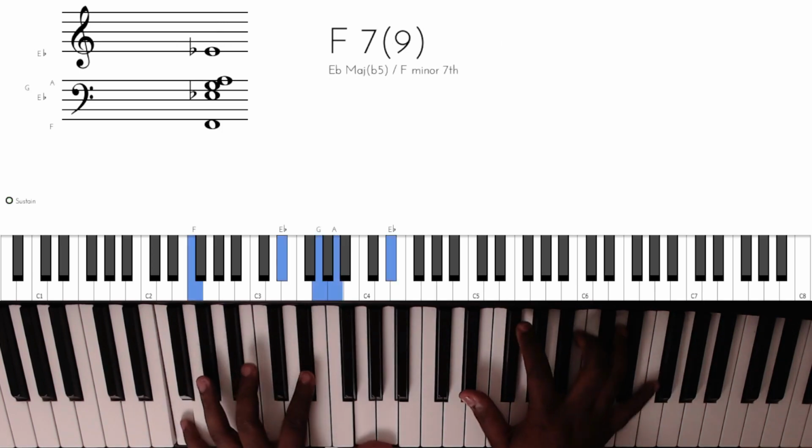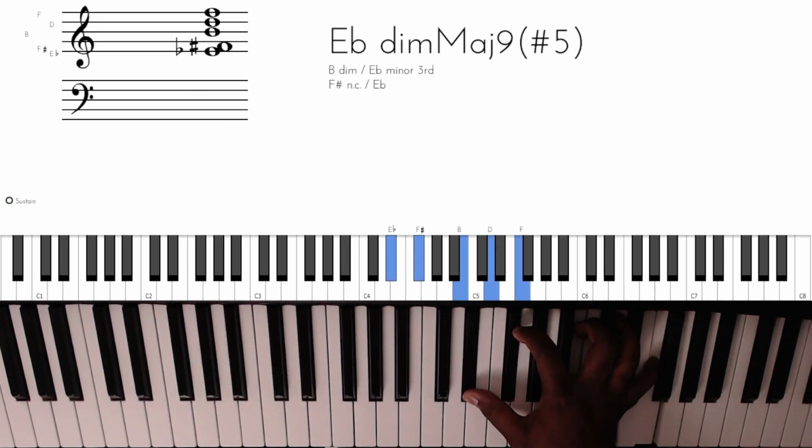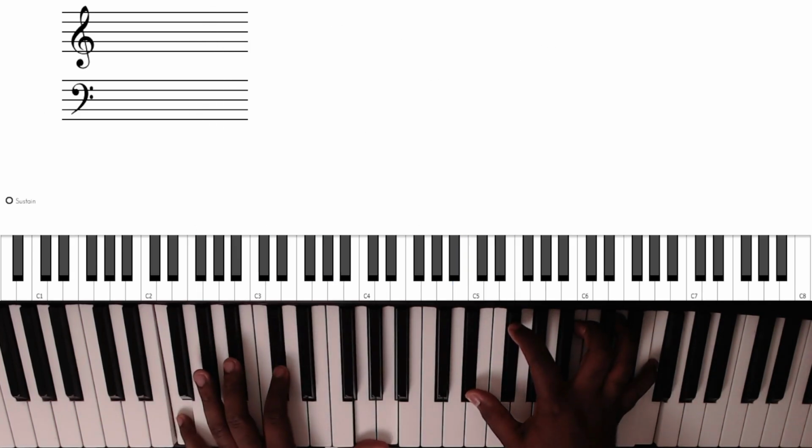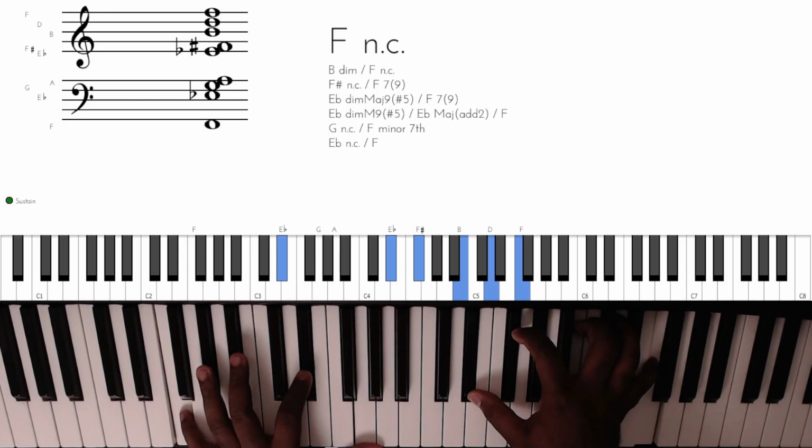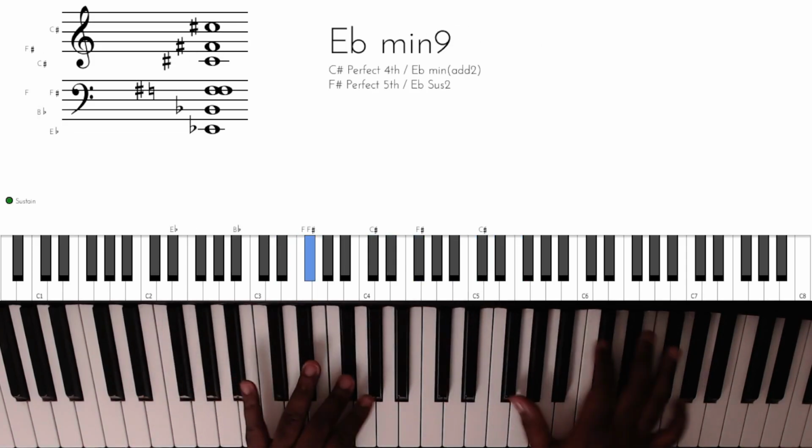So let's break that down. So we have this, the right hand. So we have this chord, and in the left hand we have right there. We could also go to the 6 playing this.